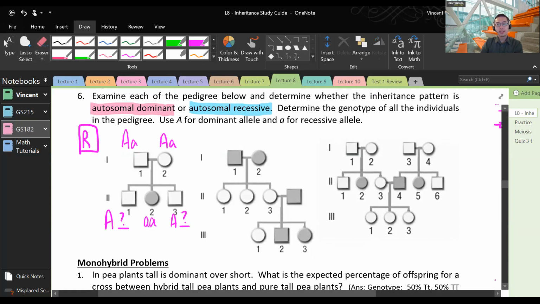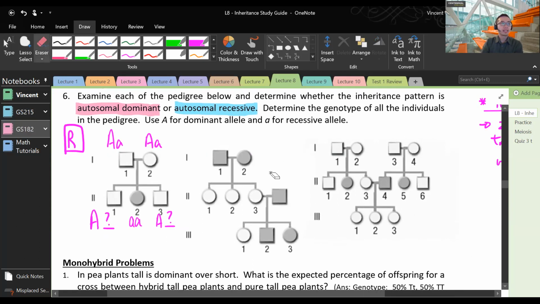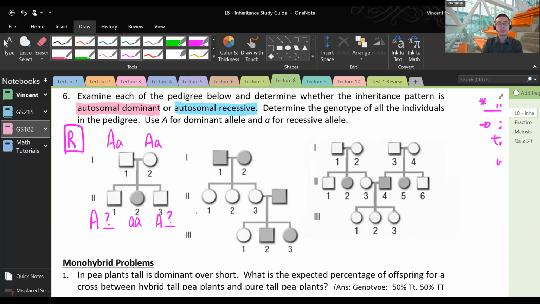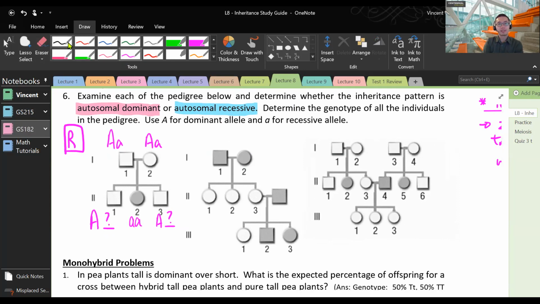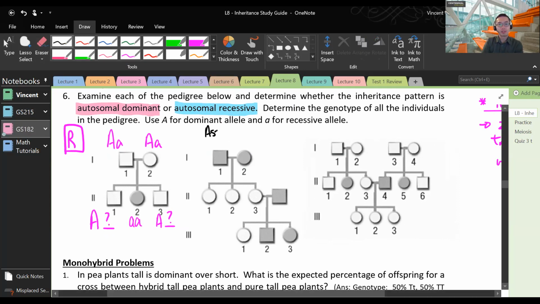What about the next one over here? Is it dominant? Is it recessive? Well, let's find out. Okay. You can start by assuming it is recessive, and then we'll see if it makes sense or not. So if I assume it's recessive, let's see what happens.